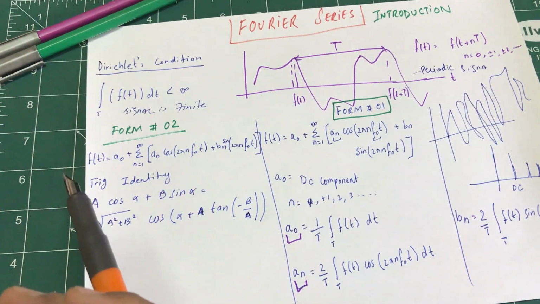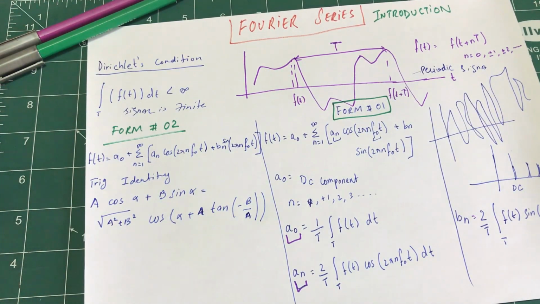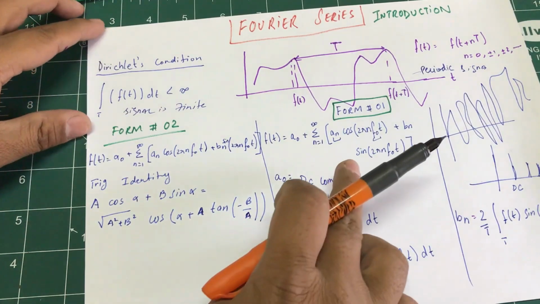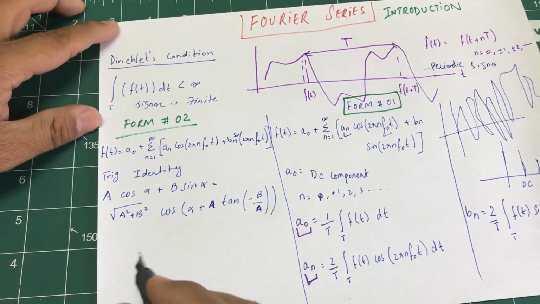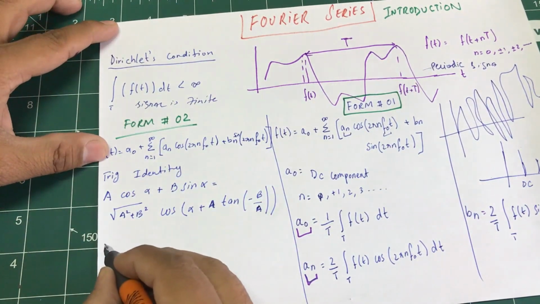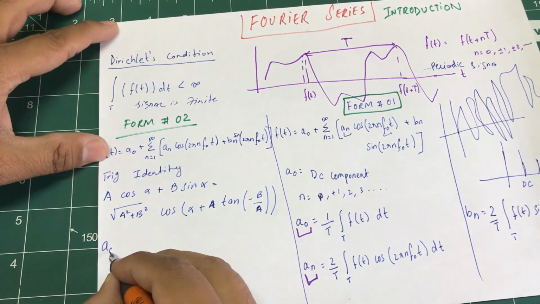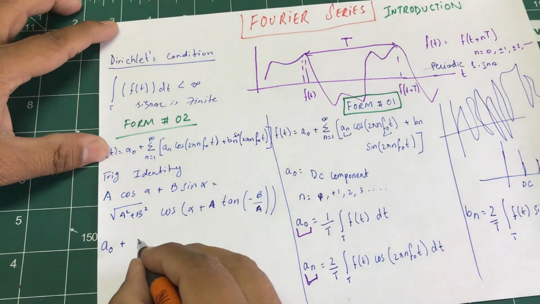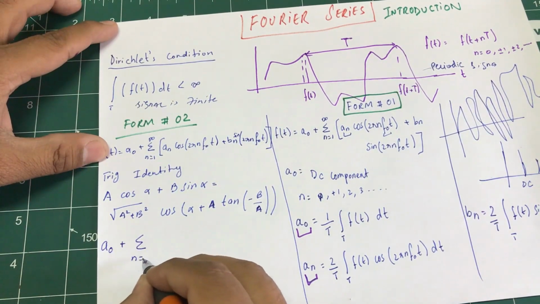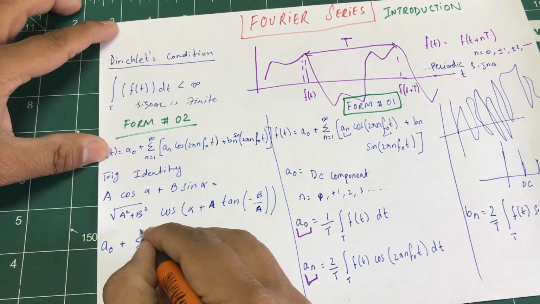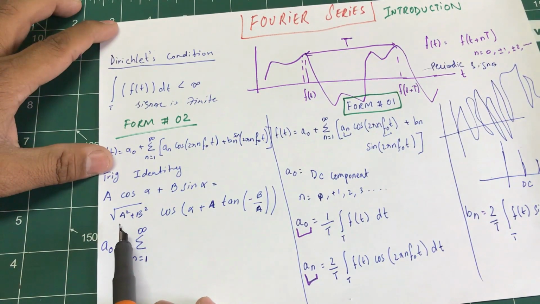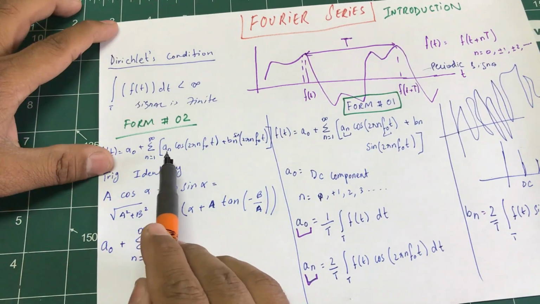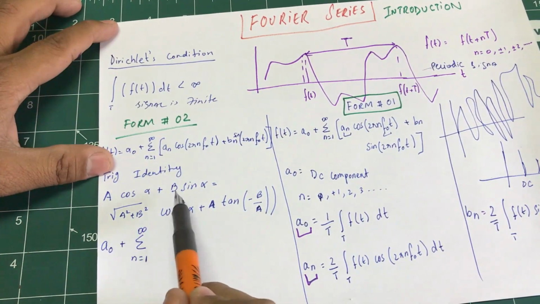So we can come up with another form of Fourier series in which I can do that. So let's apply this over here. We have a naught as is. We have our summation going from 1 all the way up to infinity. So what are the values of my a and b's?